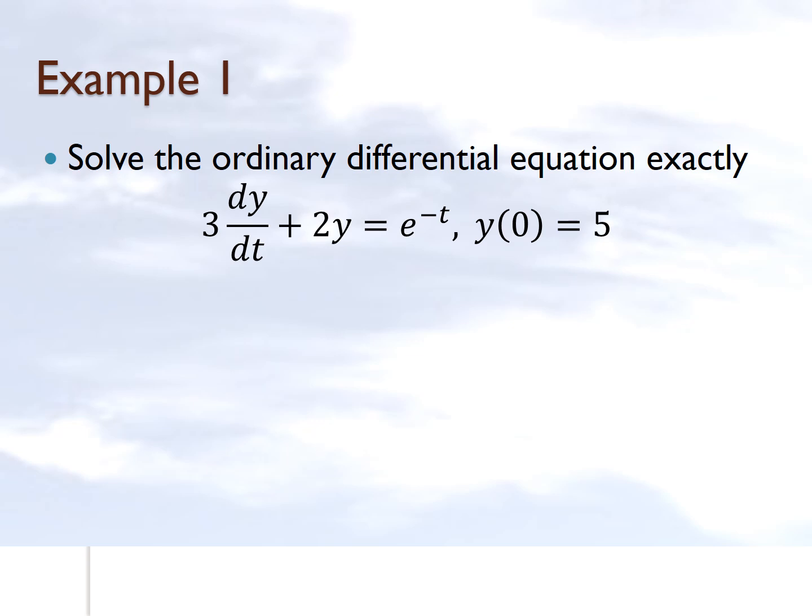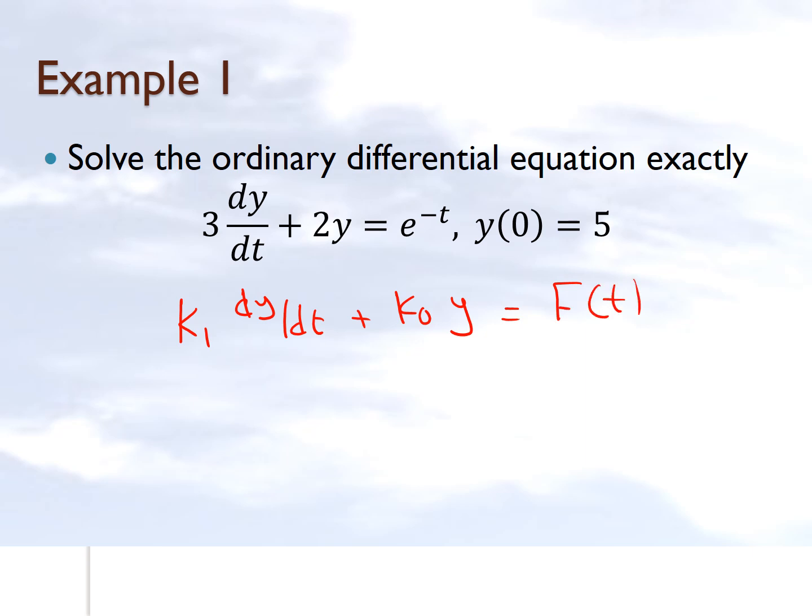We have a first-order differential equation and we have this initial condition. We can start by comparing that to the nominal form, which was k1 dy/dt plus k0 y equals f of t.